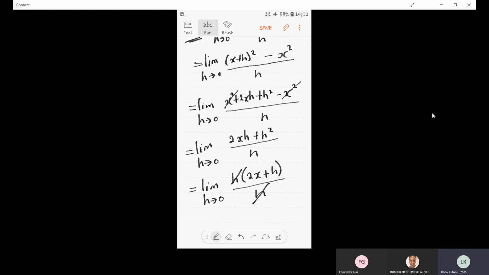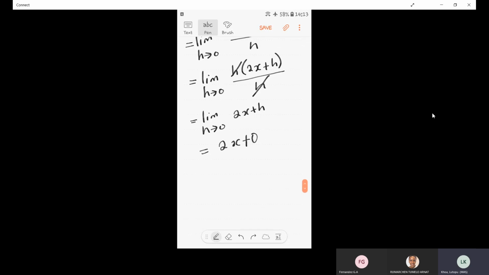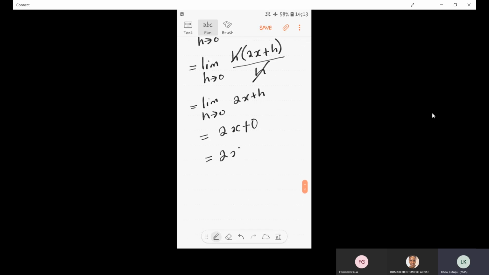What I'm left with is the limit as h goes to 0 of 2x plus h, over 1, which is just 2x plus h. Now I can substitute h equal to 0, and I have 2x plus 0. Notice that my limit is gone. As soon as you make the substitution, your limit should not appear anymore. And this is just equal to 2x.